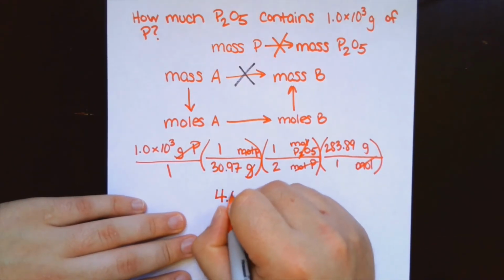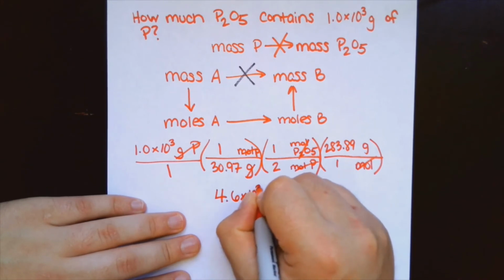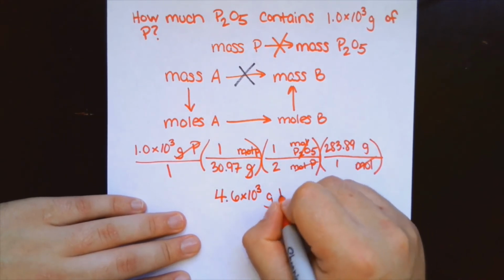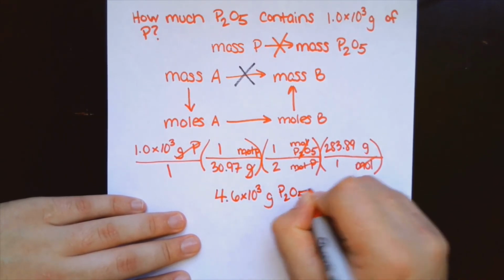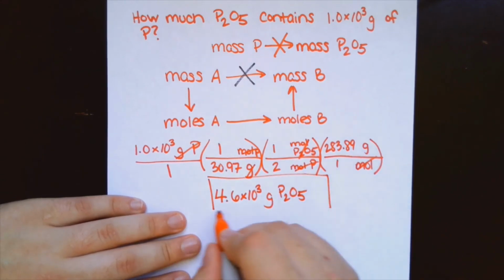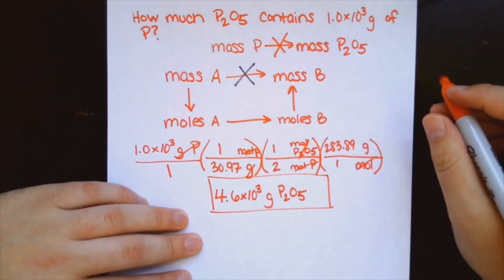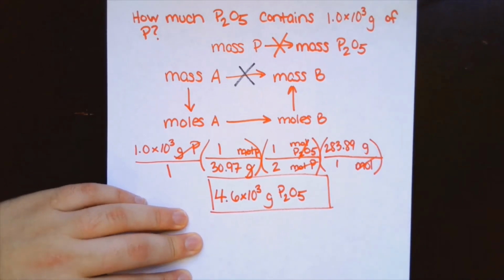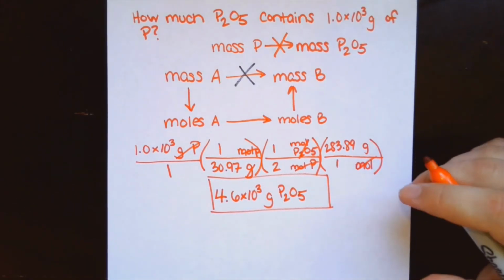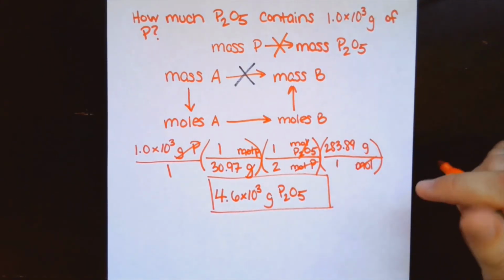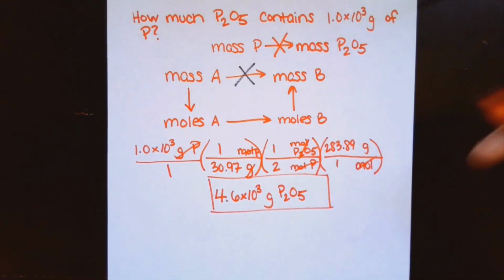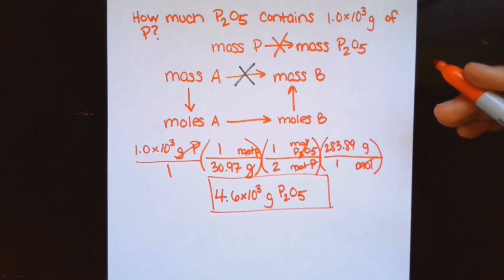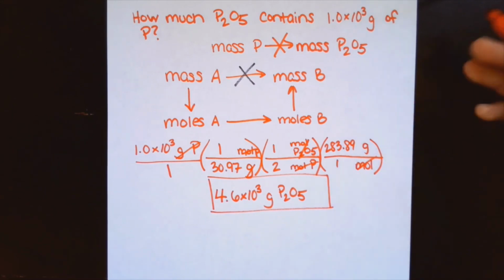It gets you an answer of 4.6 times 10 to the third grams of P2O5. And that's your answer. And that's, again, how you're going to do just about any mass-to-mass calculation that you see throughout the semester. You always have to get into moles first, then do a mole-to-mole ratio, then you can go back to mass.